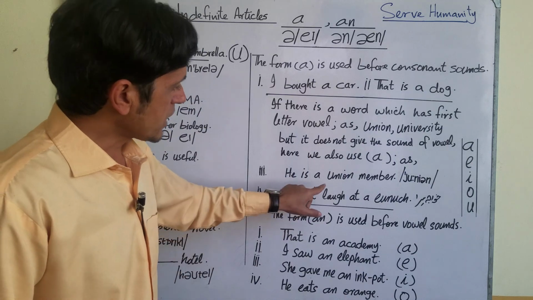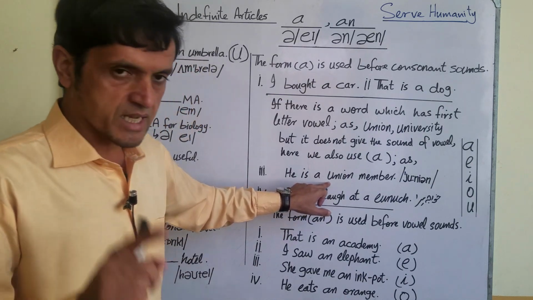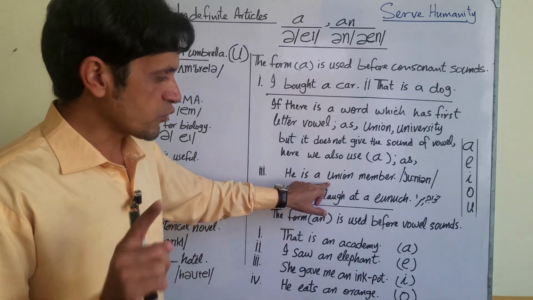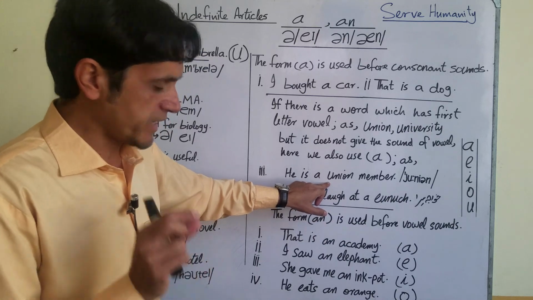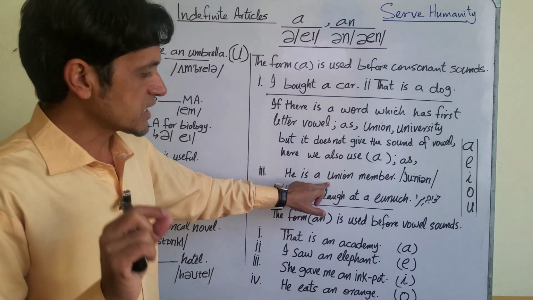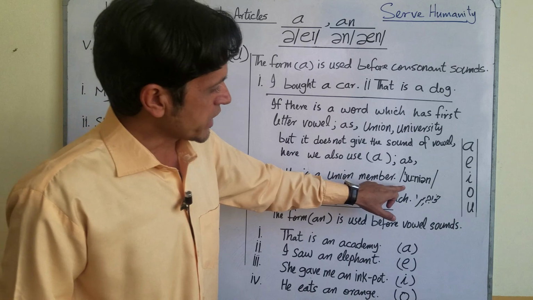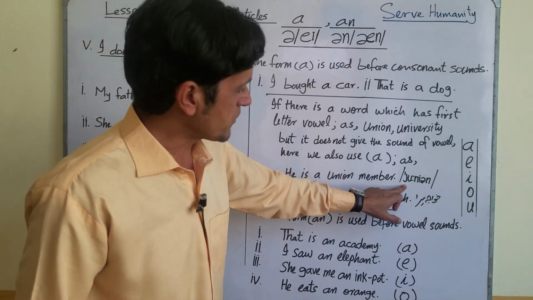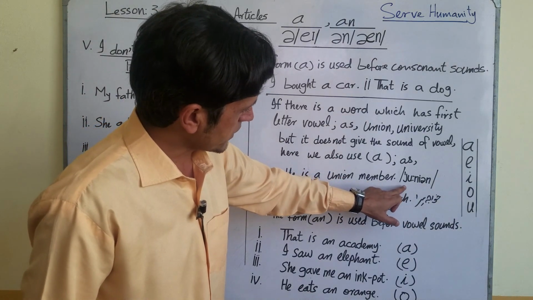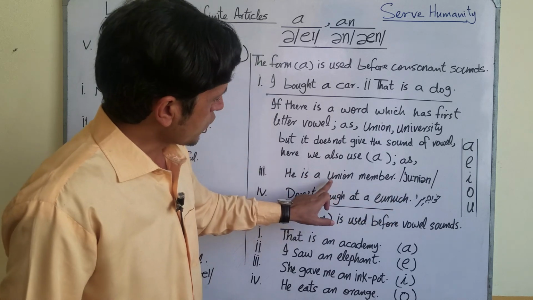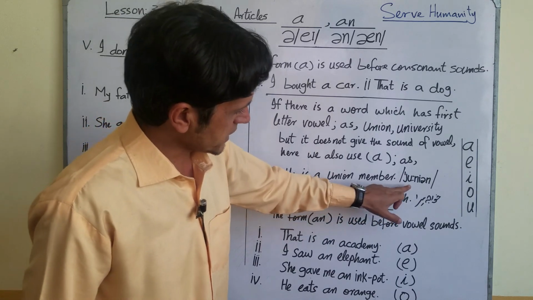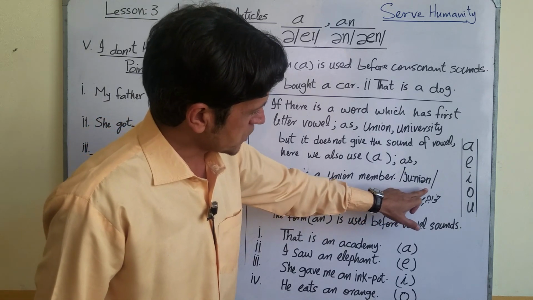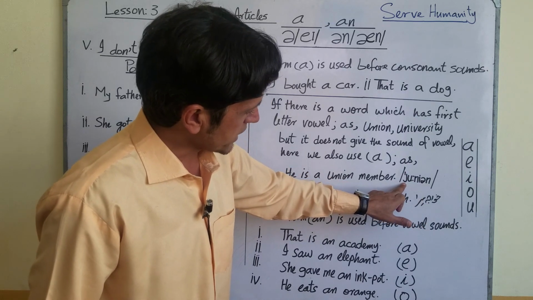Why? Because this U does not give the sound of a vowel. Even though it is a vowel in shape, it does not give the sound of a vowel when we write its phonetical form. I have written the phonetical form here. You look at this phonetical form. When you write union in phonetical form, it is written in this form. Look at this letter.